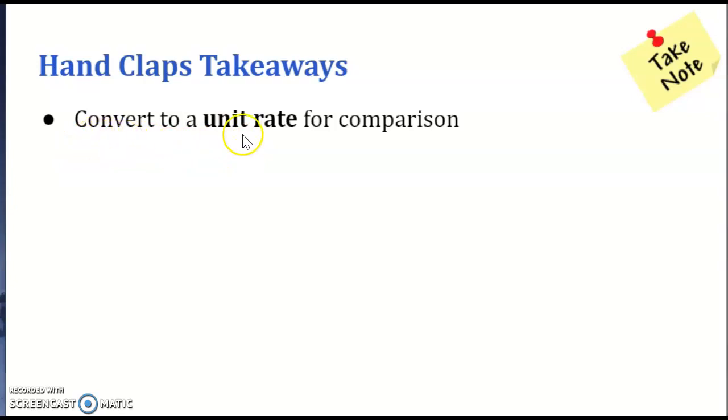So when you are comparing two different sets of data, if you convert it to a unit rate, then it's really easy to compare who has more. So in Brian's case, we had 62 claps per 4.5 seconds. That means the unit rate is 13.8 claps per second.